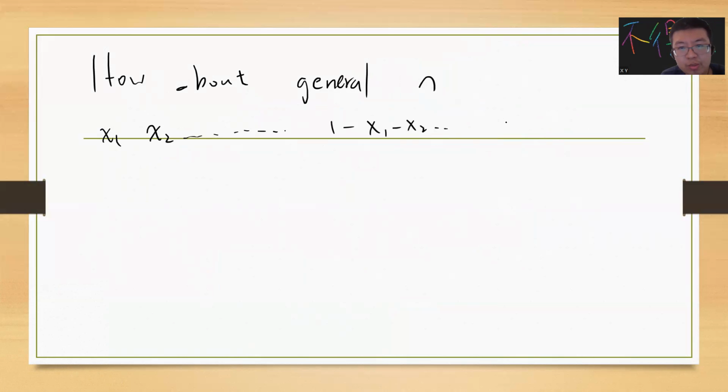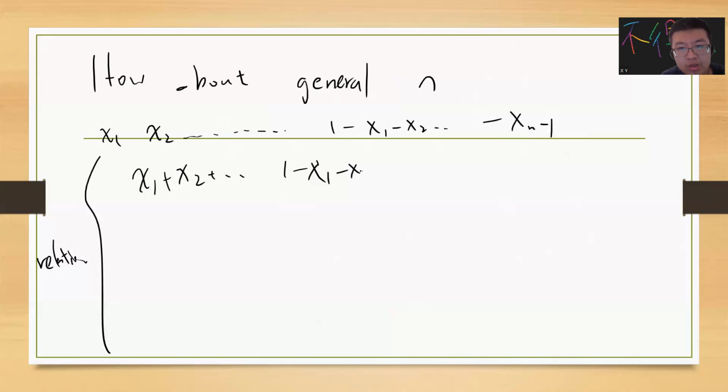Okay, so how about the general case? Should be simple. We have x1, x2, up to xn minus 1, and the last one is 1 minus x1 minus x2 minus up to xn minus 1. Let's write down all the relations. The sum of all n variables needs to be greater than half, which gives x1 plus x2 up to xn minus 1 needs to be greater than half.